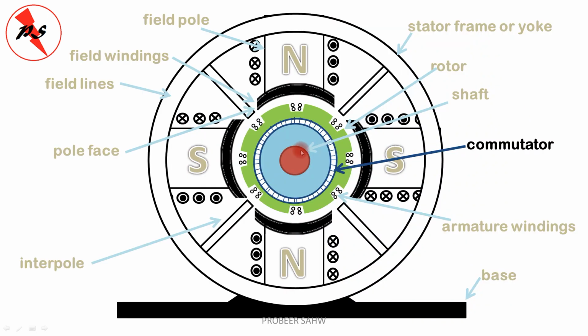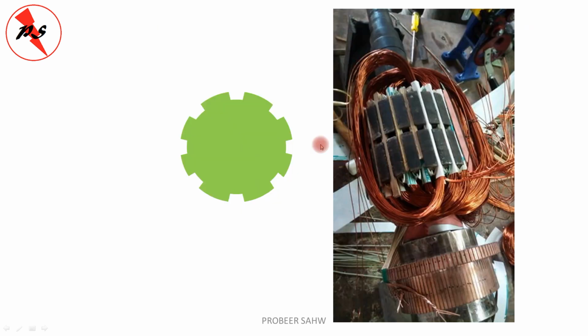carbon brushes. Before moving on to what carbon brushes are, let us see what the rotor of a DC motor actually looks like in real life. This is the rotor of the DC machine. You can see this is cylindrical in nature, and we know on the outer periphery we create slots to have the armature winding.